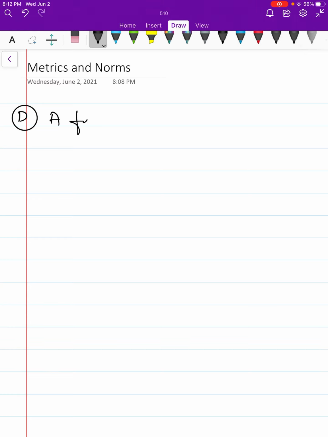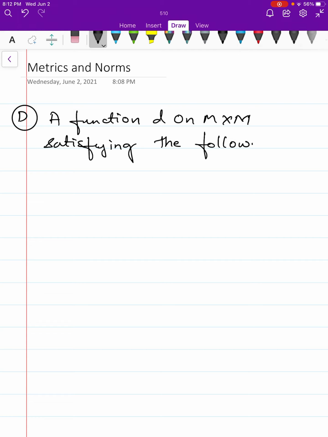So a function d on M cross M satisfying the following properties is called a metric on M.